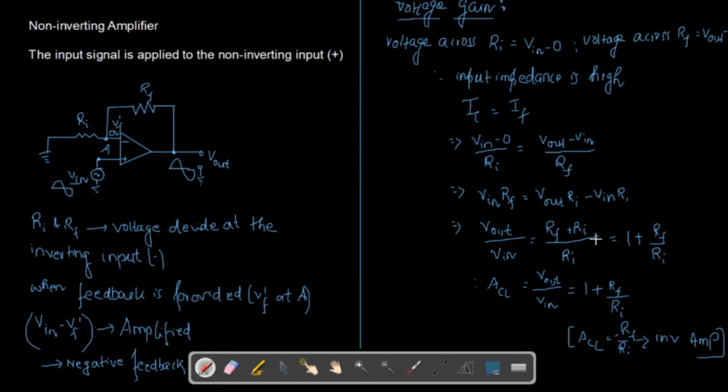So if I'm asking you a question on a non-inverting amplifier, you have to do this. If I'm asking you on an inverting amplifier, you have to do the other one. Please remember your input voltage will remain Vin. It only depends along which terminal you are actually applying the input voltage.